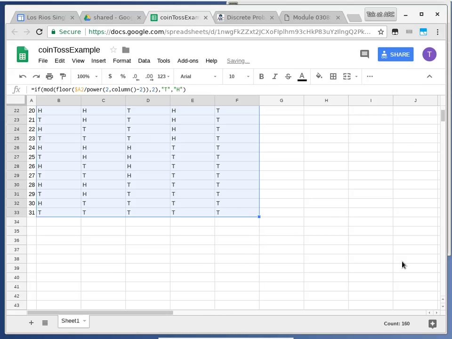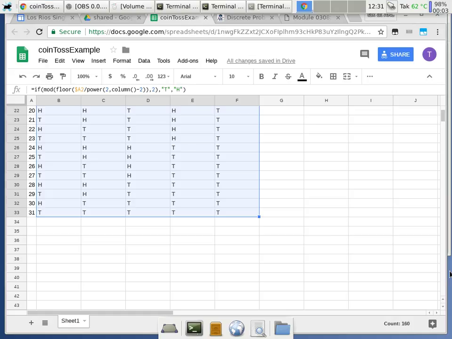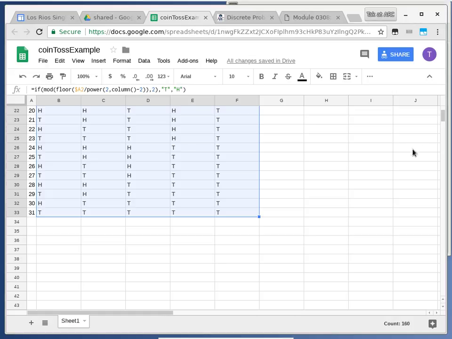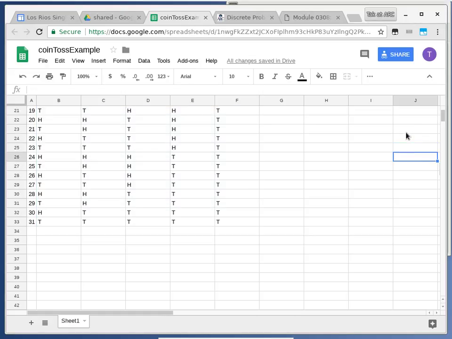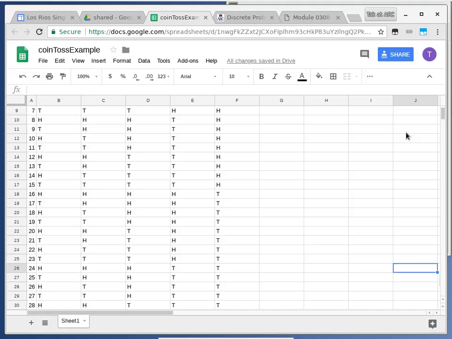Okay, so let's double check and make sure that this, it's almost like a truth table, except it's labeled not as true false. So does it look right to you? Okay, the first column is alternating. The second column is head, head, tail, tail. The third column is head, head, head, head, tail, tail, tail, tail.